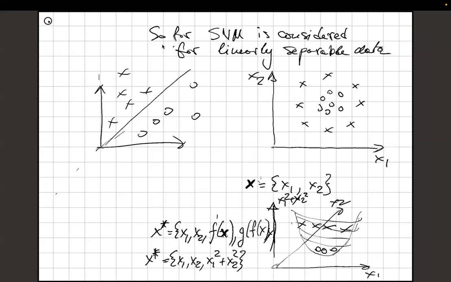Which is computed by taking next level interaction between original features. So in this case, polynomial. So it's the sum of squares of original features. It can be different functions, and depending on this function, you will have different relative transformations.